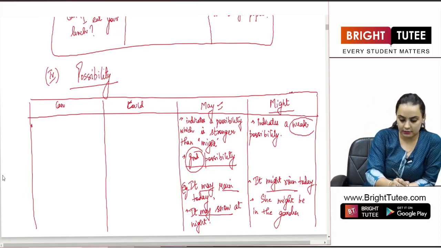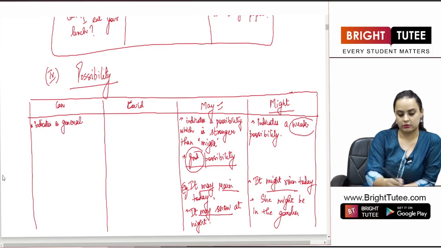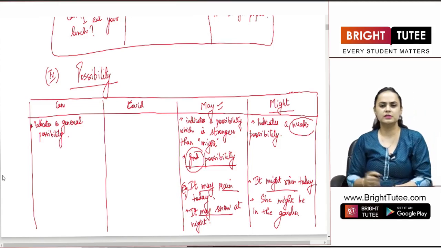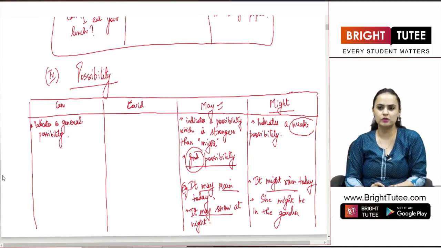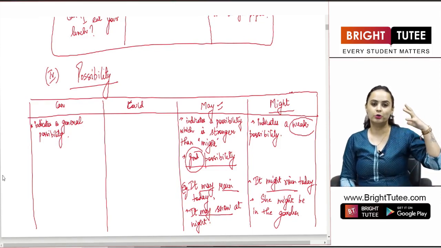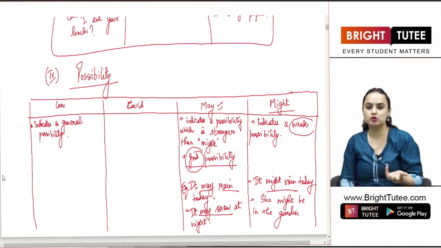Now let us talk about can. Now can indicates a general possibility. You know, something which can be spoken by you just generally. There is no prediction or assumption behind it.